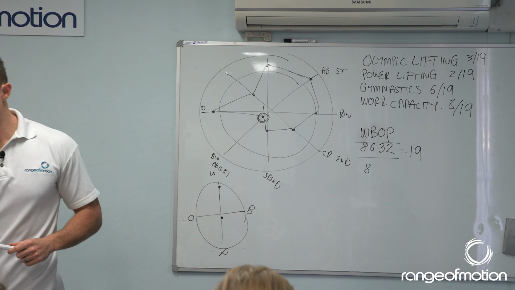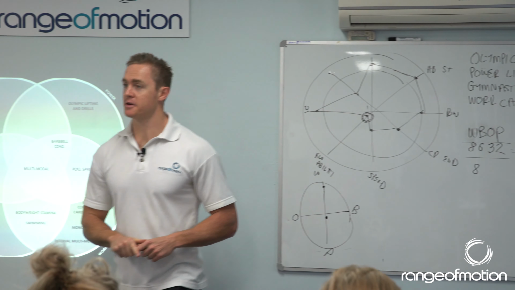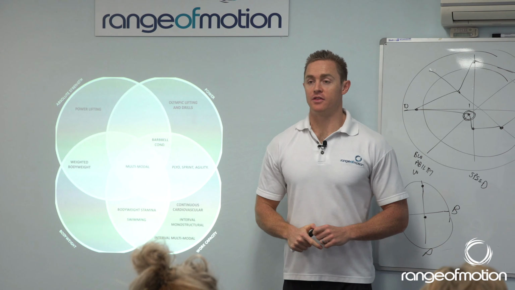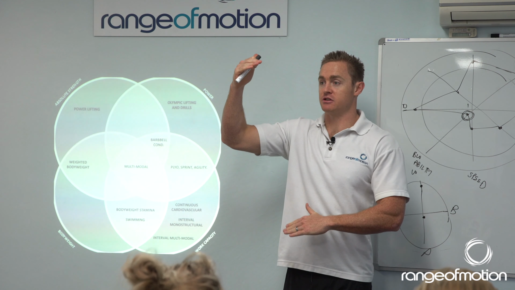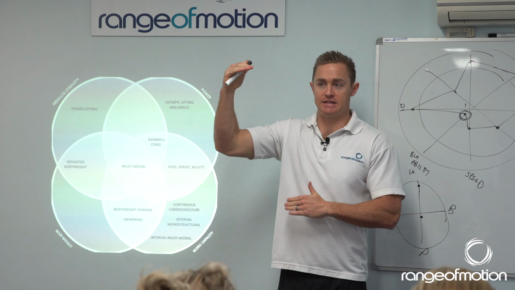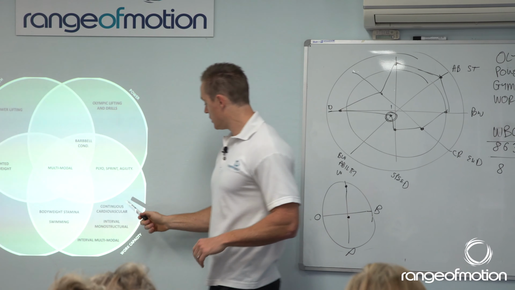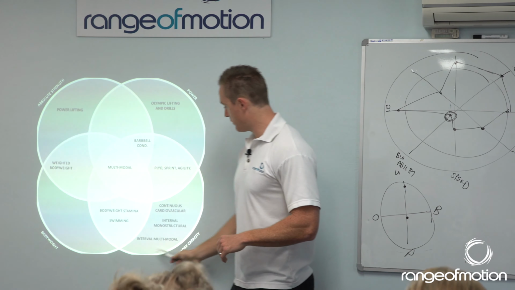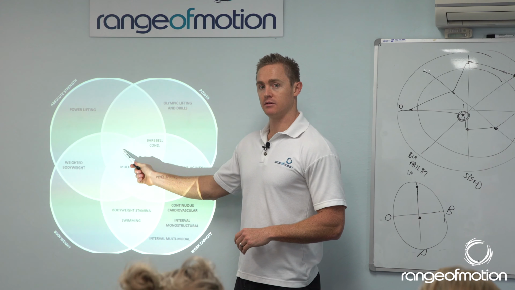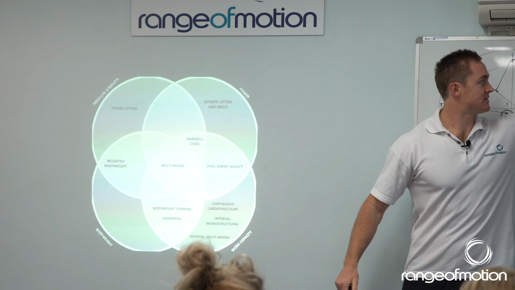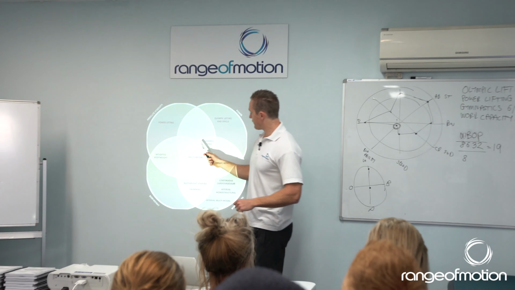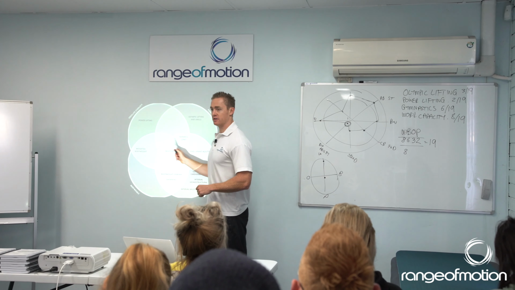And if we come back to this model here, we now know that from every 19 sessions, so it'll be a 19 session cycle for this athlete, 8 of them should be taken from within this circle. We should have 6 of these sessions coming from within this body weight circle.